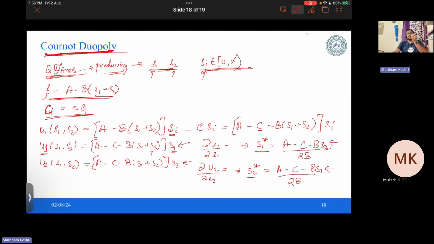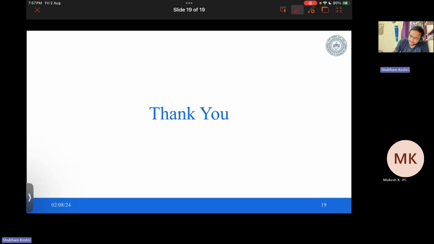Now, to obtain the Nash equilibrium, the best responses should intersect. So we'll say all the players are playing their best responses, S1 star and S2 star, and then you'll have to simultaneously solve these two equations. Is this clear? Yes.